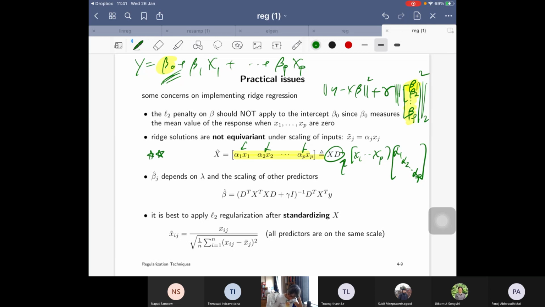When I have a regressor matrix X and I solve for regression coefficient beta, and then with another regression model where I scale the predictors, sometimes according to the unit, let the scaled regressor matrix be X tilde.